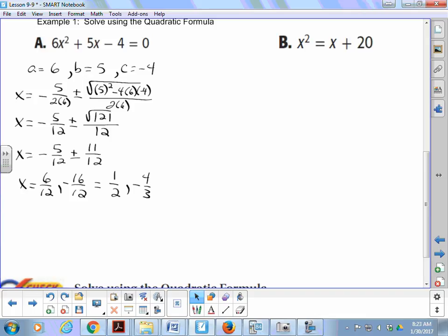I personally would move the x and the 20 because I'd rather leave the x squared as a positive. So I have that positive 1 there. But it really doesn't matter. It's completely up to you. But I'm going to move the x and the 20.